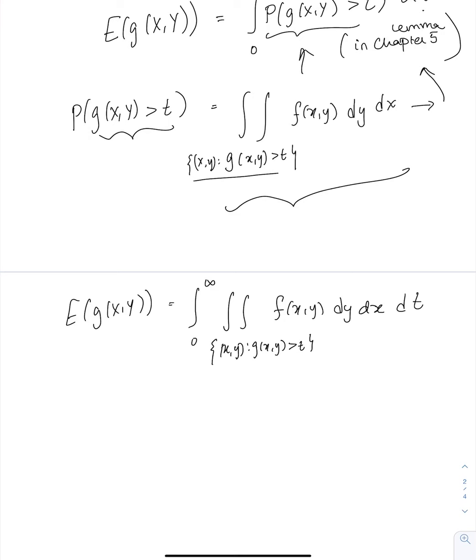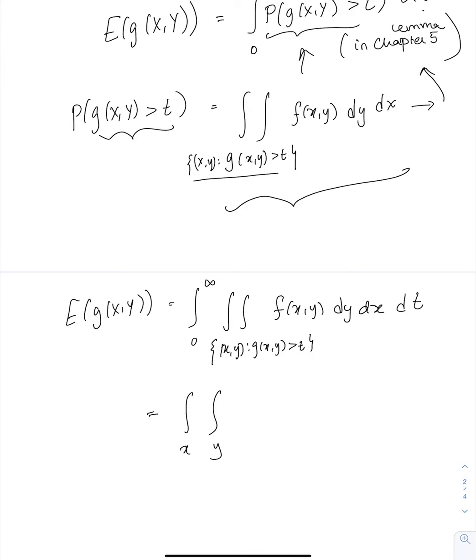All right, and now we'll do a little bit of Calc 3 and change the order of integration. Over here, t goes from 0 to infinity and you're restricting to x and y where g of x,y is bigger than t. So when we interchange the order, we can have t go from 0 to g of x,y and let x and y be anything.